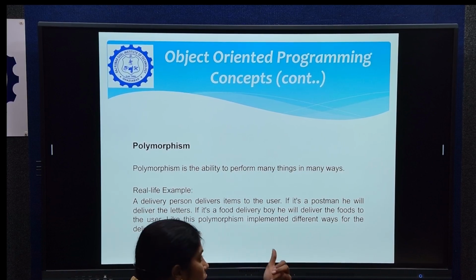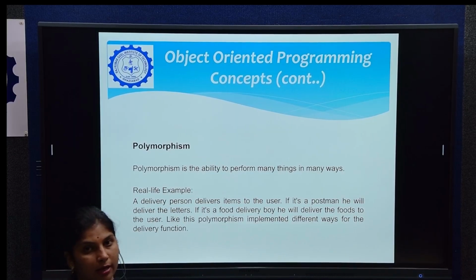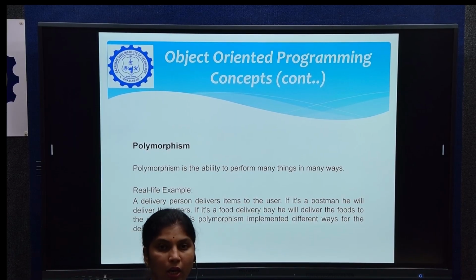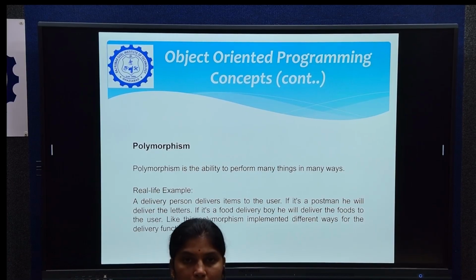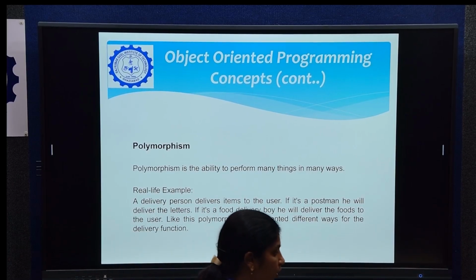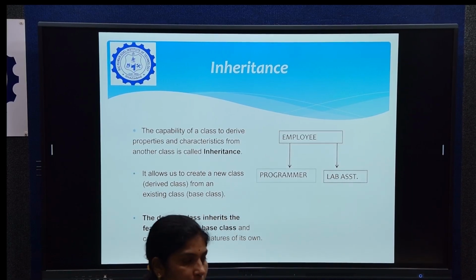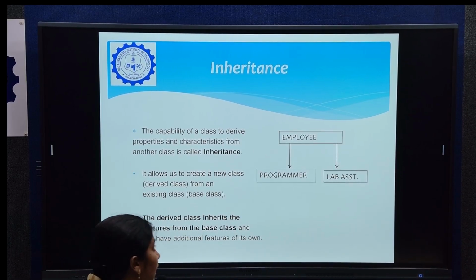This is a real world example of polymorphism, that one person in different situations can act differently. Hopefully we have a good idea of polymorphism.